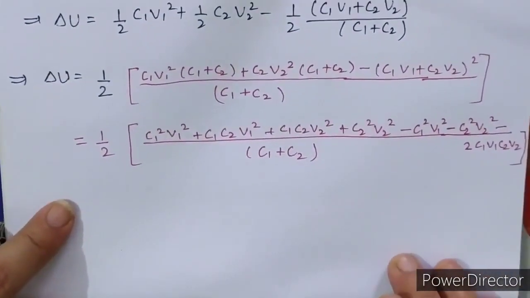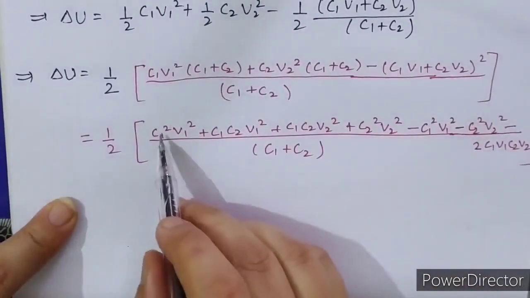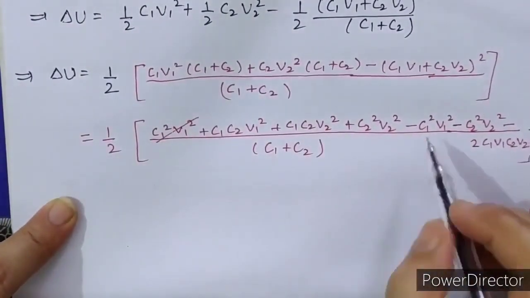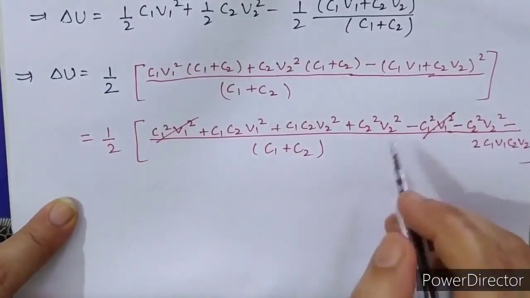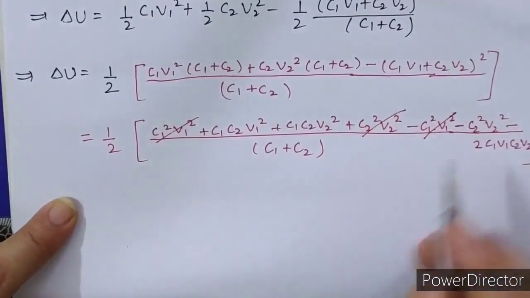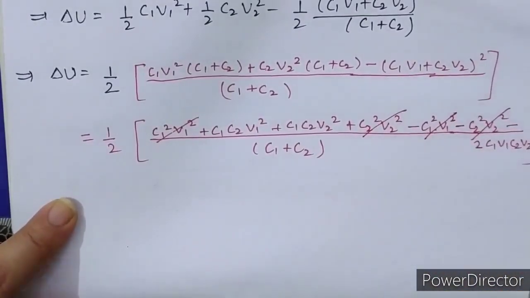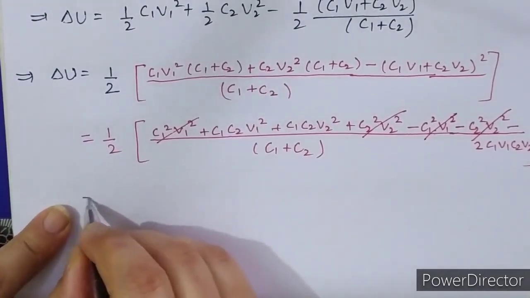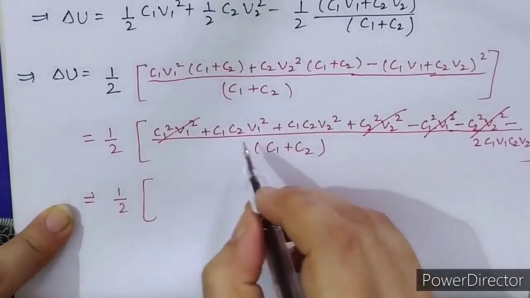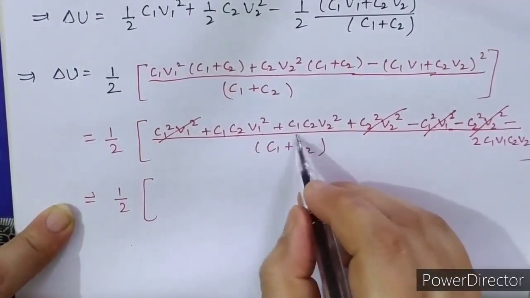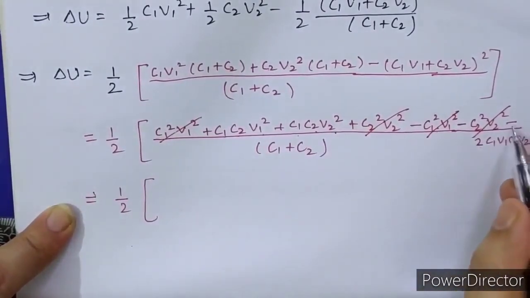Now, if any of the values cancel out in this equation: C1 square V1 square plus C1 square V1 square minus, these cancel. C2 square V2 square plus C2 square V2 square minus, these cancel. Any other thing? No. Now half, look at this: C1 C2 V1 square, C1 C2 V2 square, minus 2 C1 C2 V1 V2.